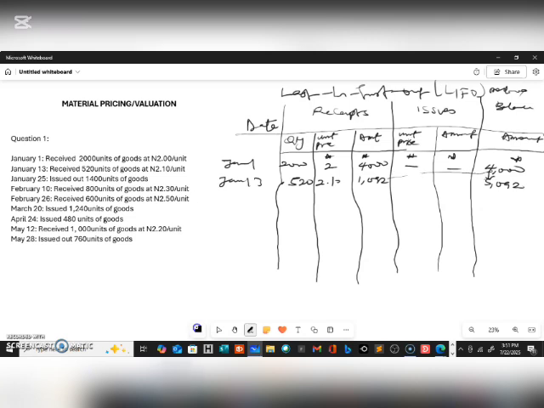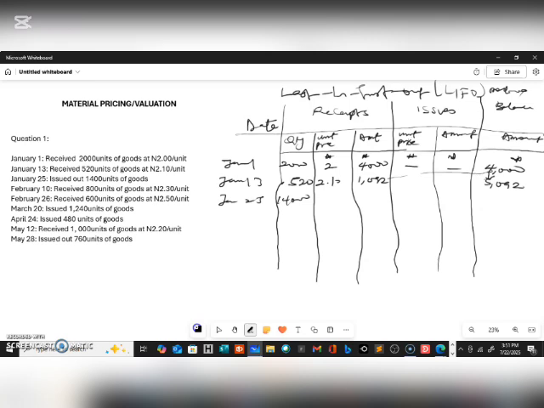On January 25, I'm going to try to finish up this method in the next couple of minutes. We issued out 1,400 units. Because we're saying last in first out, it means the price of the last item that came in, that we purchased, is what we're going to use to issue out first.